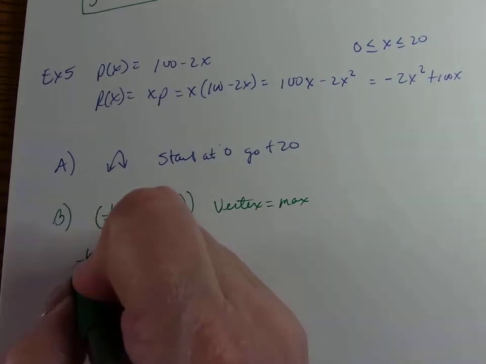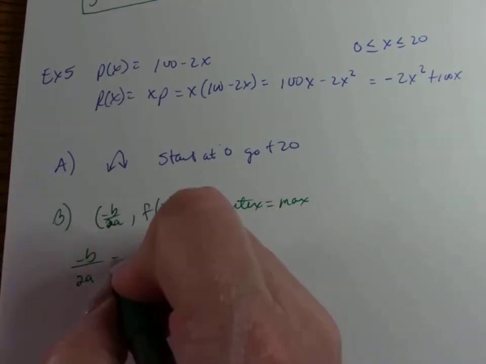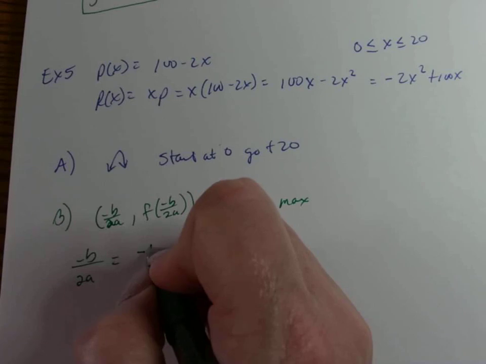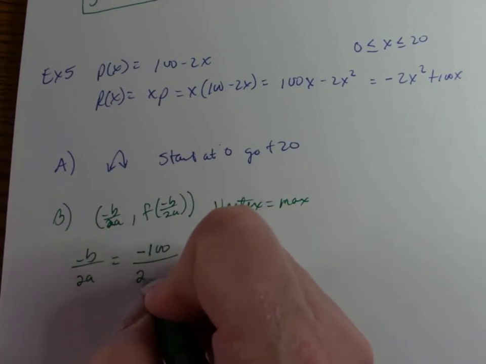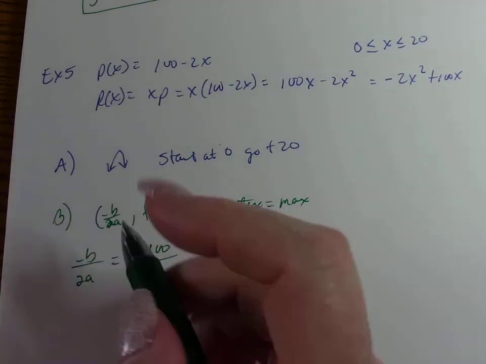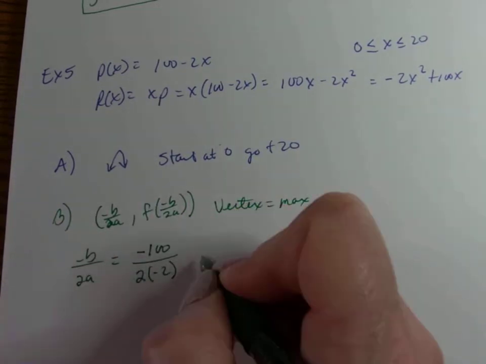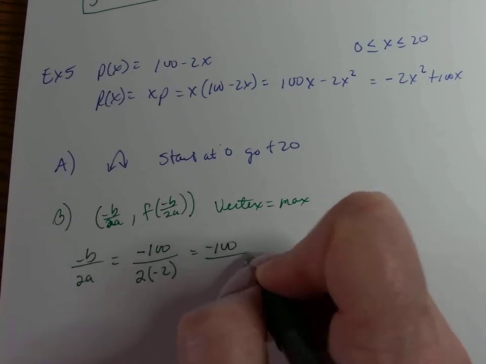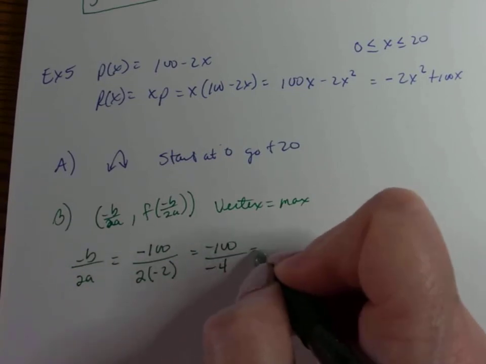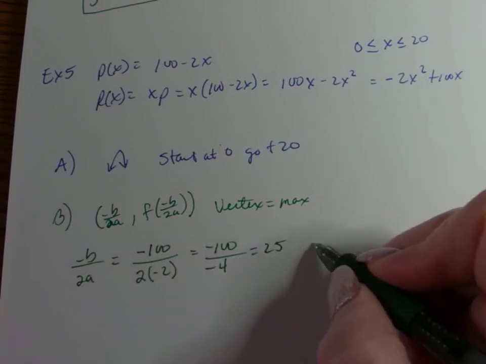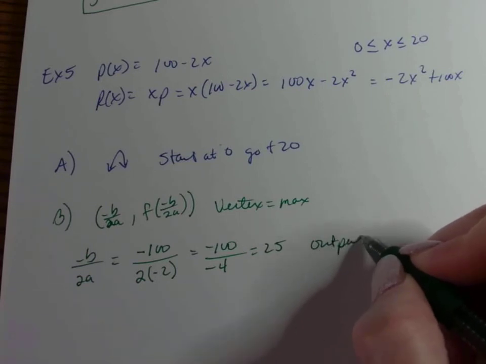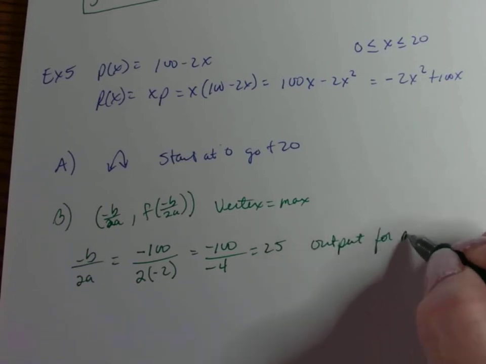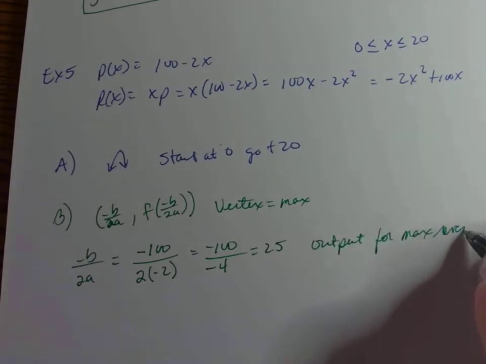So negative b over 2a will be negative 100 over 2 times negative 2, which gets us negative 100 over negative 4, which will get us 25. So this will be the output for max revenue.